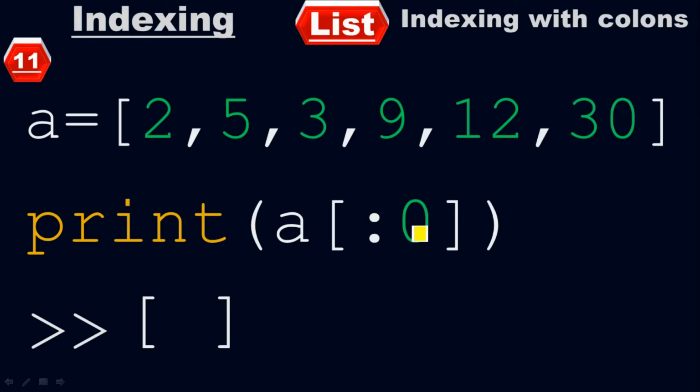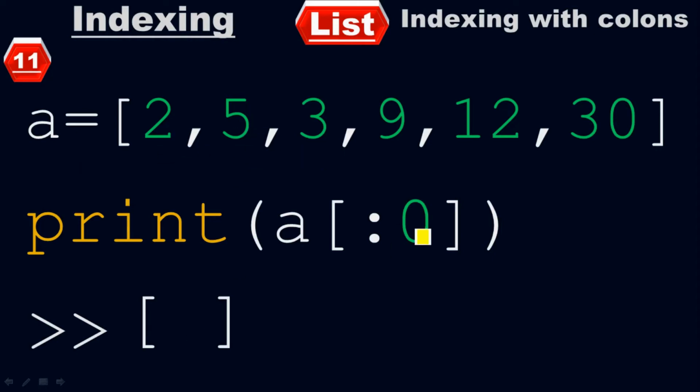If you have 1 here, then 1 is not included. Everything before 1 is included, so you will get 2 here. If you have 3 here, then the value at index 3 is not included. The rest of the values are included, like 0, 1, 2. So you will have 2, 5, 3 here.